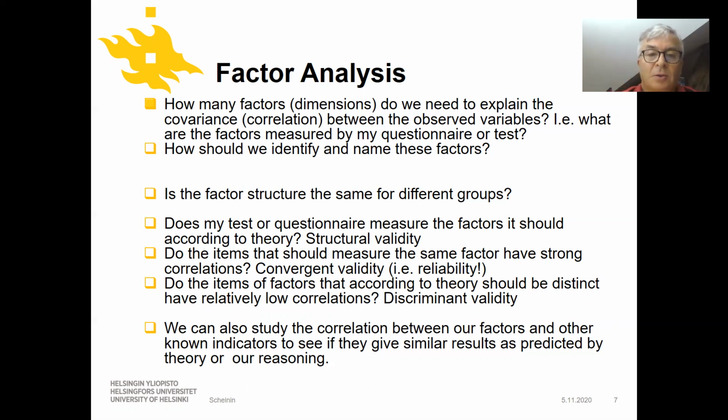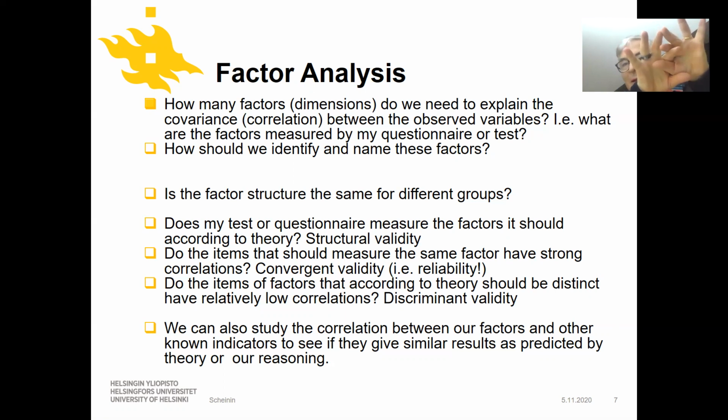And also the other way around. So if you have several factors, then according to the theory, some items that should measure one thing should correlate strongly there, and the other items that correlate strongly should measure the other factor, but not so that these items go here, or some of them.